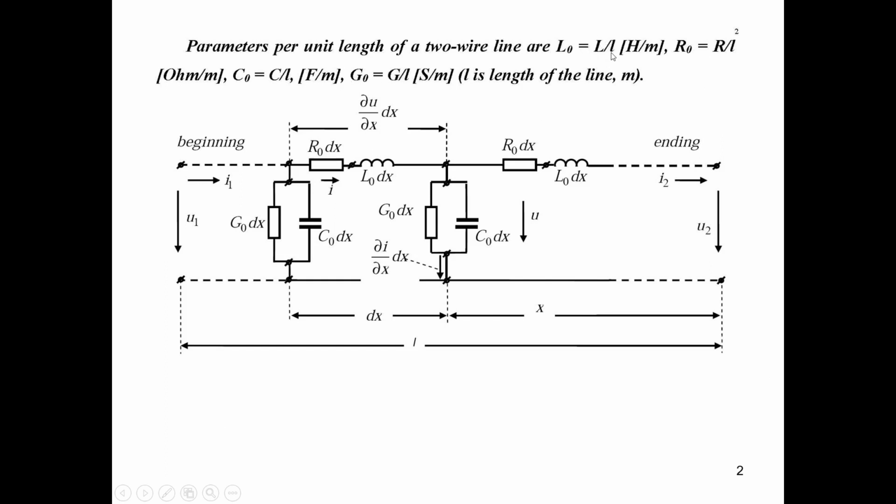It is equal to the ratio between real inductance, resistance, capacitance, and conductance G over the length of the line.